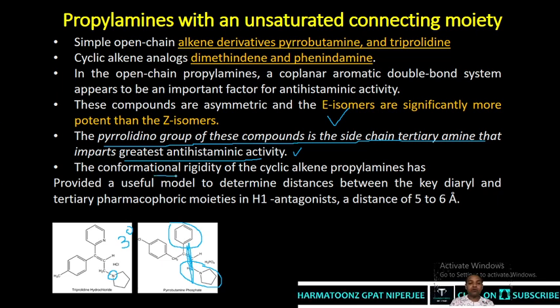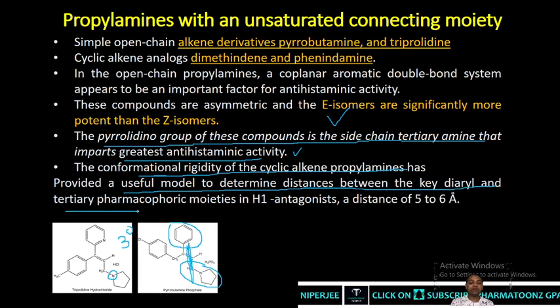Due to conformational rigidity, cyclic alkene propylamine has provided a useful model to determine the distance between the key diaryl and tertiary pharmacophoric moieties in H1 antagonists, and the distance is 5 to 6 angstrom, which is required for binding affinity and ultimately gives the pharmacological properties.